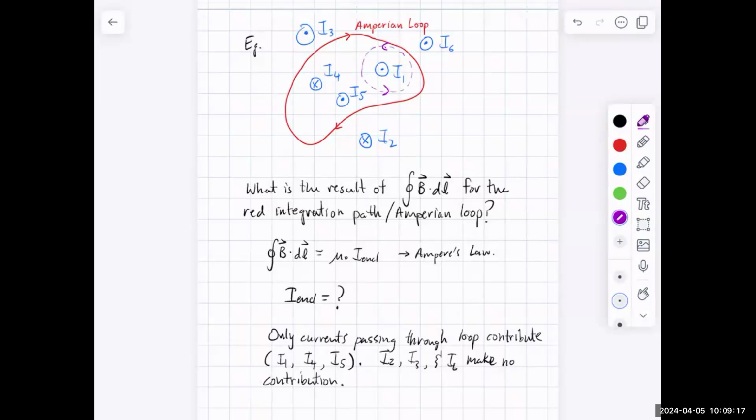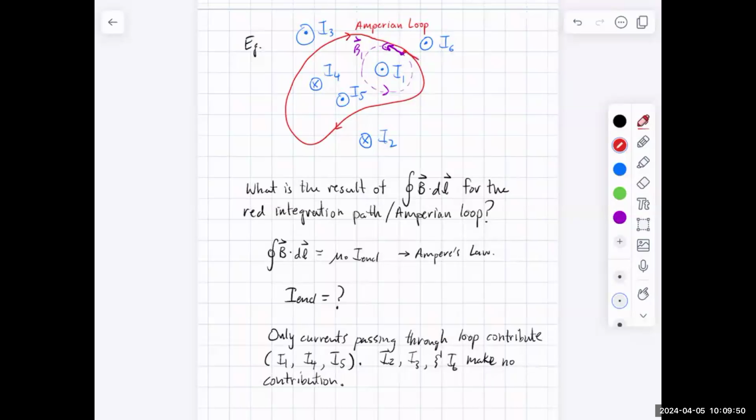And so this is, say, part of the magnetic field B1 due to current I1. Now, if you look at the part of that magnetic field that's next to the path, is the magnetic field going parallel or anti-parallel to our integration direction?